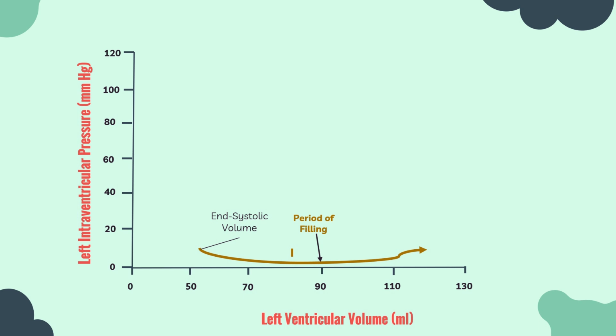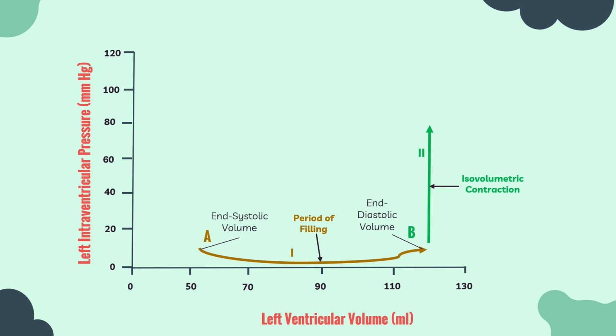As venous blood flows into the ventricle from the left atrium, the ventricular volume normally increases to about 120 milliliter, called the end diastolic volume, an increase of 70 milliliter. Therefore, the volume pressure diagram during phase 1 extends from point A to point B, with the volume increasing to 120 milliliter, and the diastolic pressure rising to about 5 to 7 millimeter of mercury.